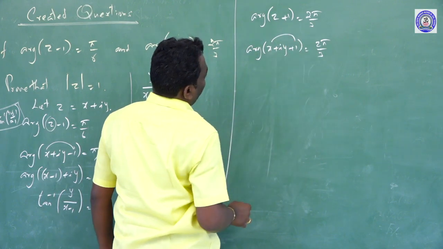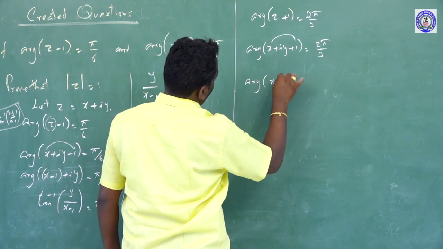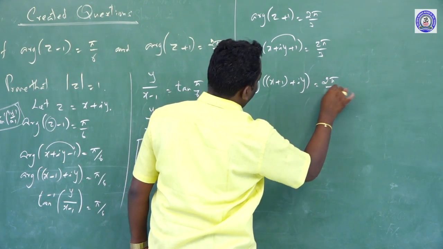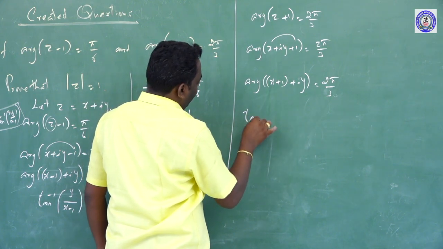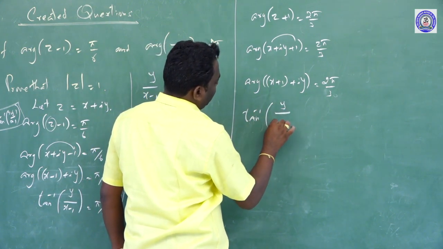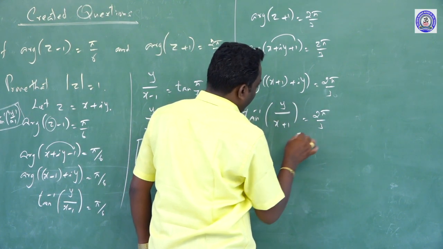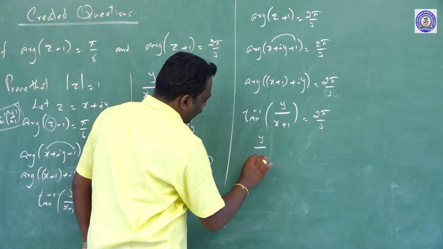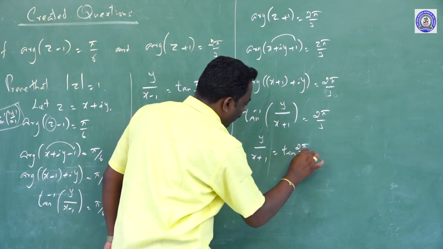Therefore, with z equal to x plus iy, the argument of (x plus iy plus 1) is equal to 2 pi by 3. Adding the real terms, the argument of (x plus 1) plus iy is equal to 2 pi by 3. Taking the argument, tan inverse of y by (x plus 1) is equal to 2 pi by 3. Again transferring to the right hand side, y by (x plus 1) is equal to tan 2 pi by 3.